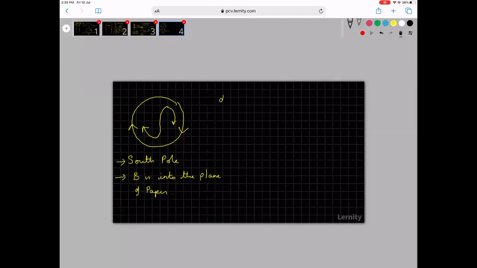Please draw this and tell yourself that clockwise current will give negative B, that is into the plane of paper. Magnetic field will be like this. So that is what is referred to as a south pole.